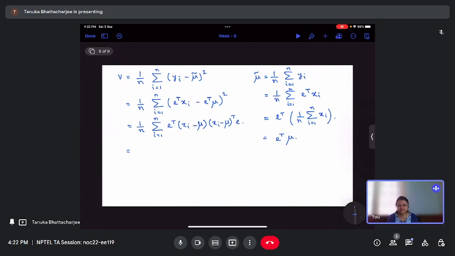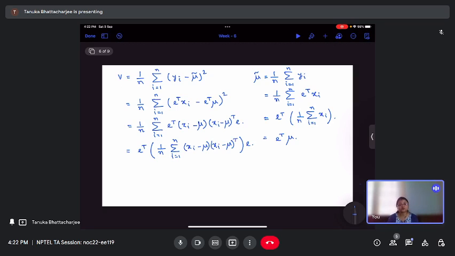Now since E transpose and E are not dependent on i, we can take those out of the summation, and we can rewrite the summation as E transpose 1 by n summation i equals 1 to n xi minus mu into xi minus mu transpose into E.